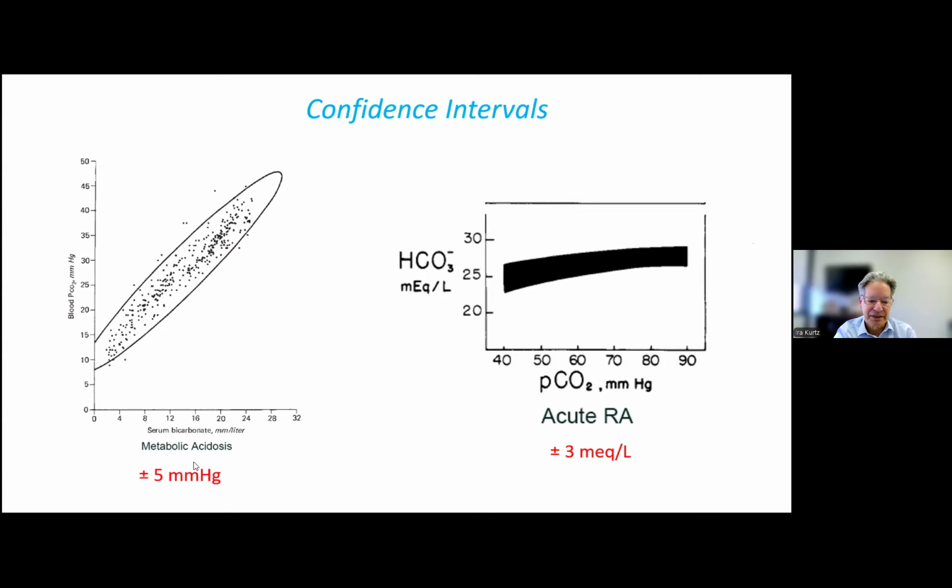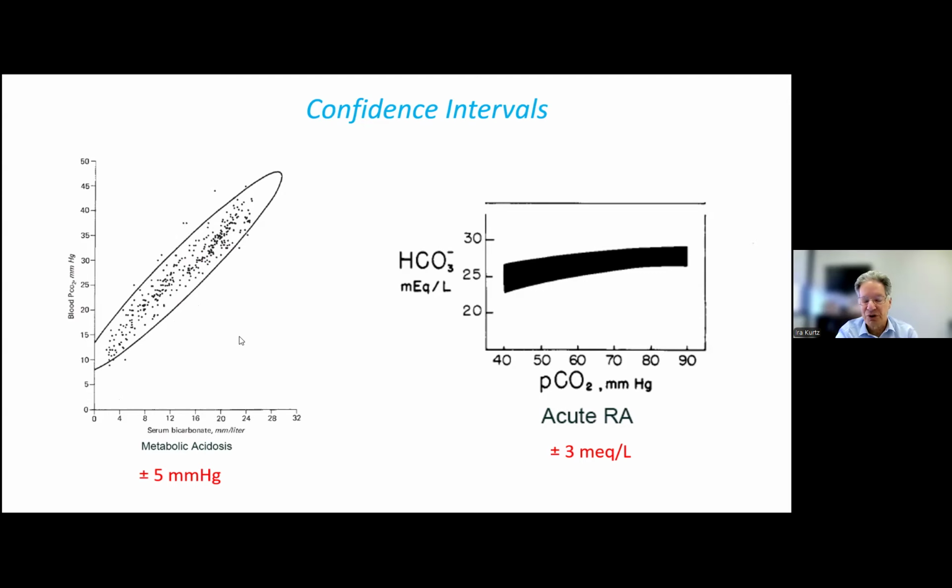Here's data from Bushinsky's paper from years ago, where they looked at a group of patients with metabolic acidosis and looked at the bicarbonate versus the PCO2. You can see that for every bicarbonate here, there's quite a range of PCO2. So we say simplistically, it's a fall of 12 in the PCO2 for a fall of 10 in the bicarbonate, or the Winters formula would describe the best fit through this.